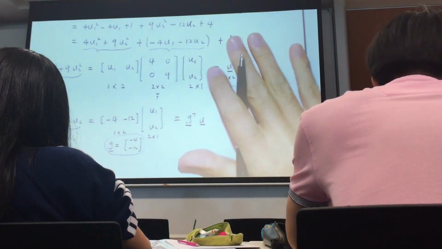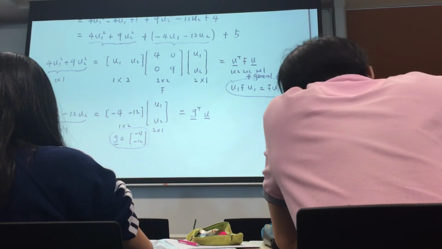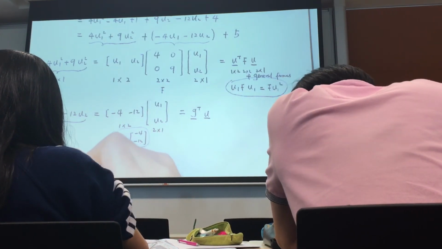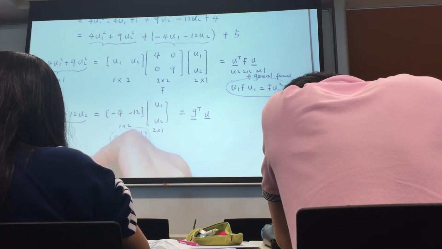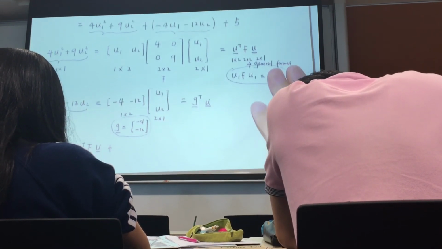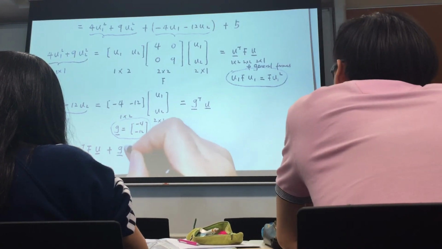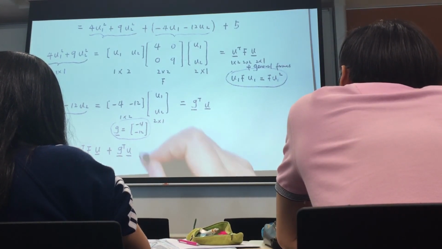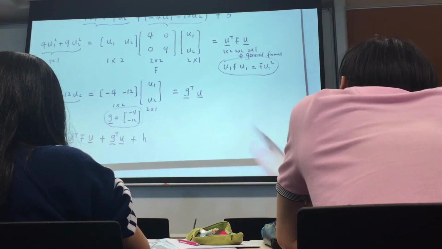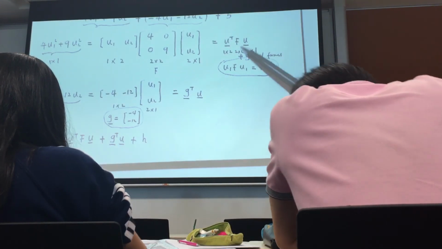So now the cost function can be formulated in a vector form. We have J(u) equal to, the first part, u transpose F u, plus J transpose u, plus H. And all the matrices and vectors can be defined.